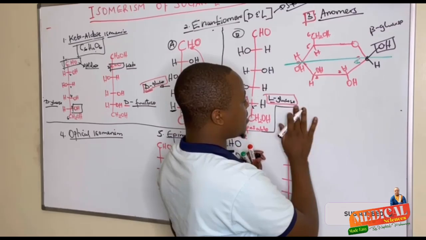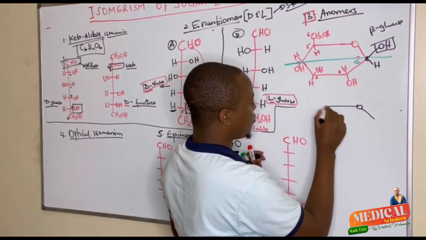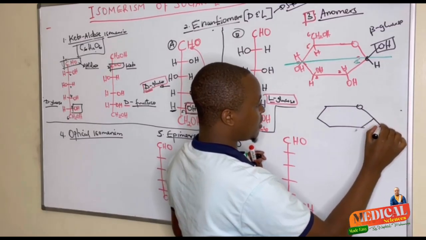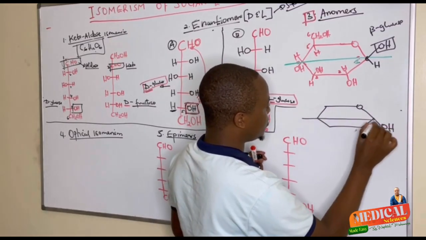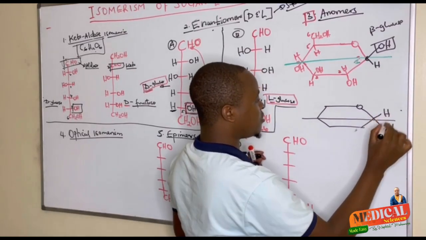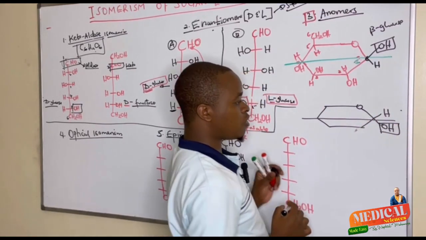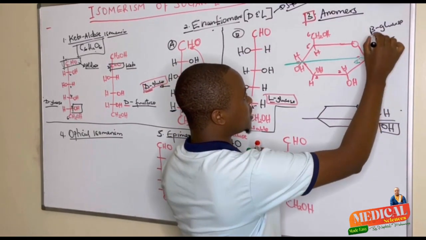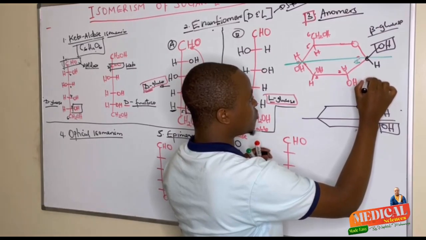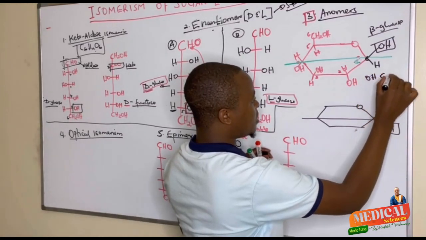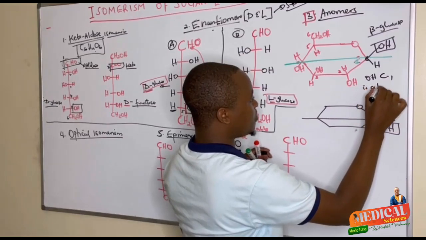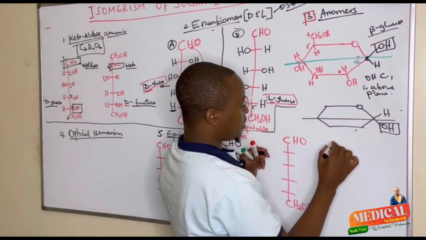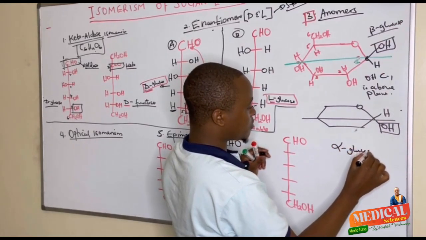But if I draw another one and I find that the hydroxyl group at carbon number 1, which is the anomeric carbon atom, is below the plane, we call it alpha glucose.